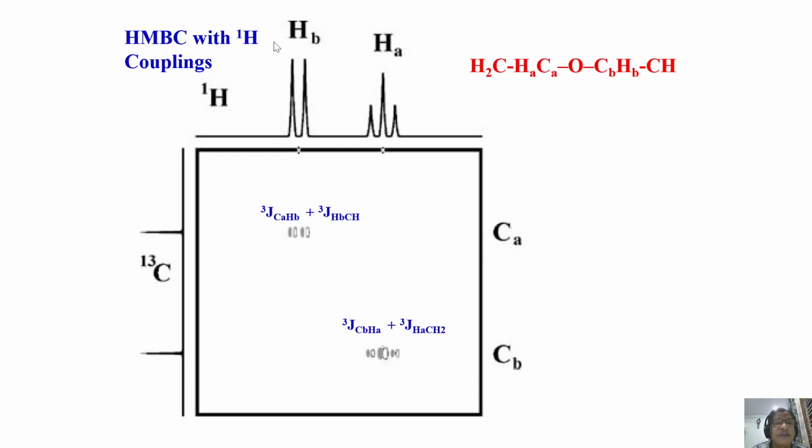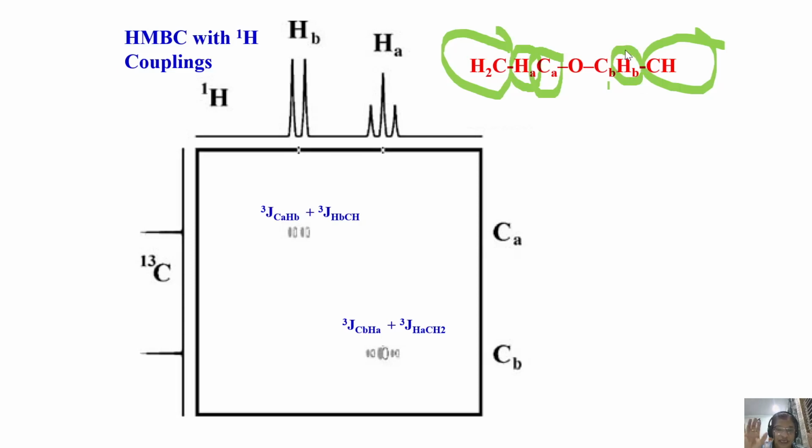What did we say in the HMBC spectrum without bringing this into account? At the site of carbon B, we saw a peak because of long range coupling with this proton. At the site of chemical shift of carbon A, we saw a cross peak because of its correlation with this proton, long range coupling. Exactly same.